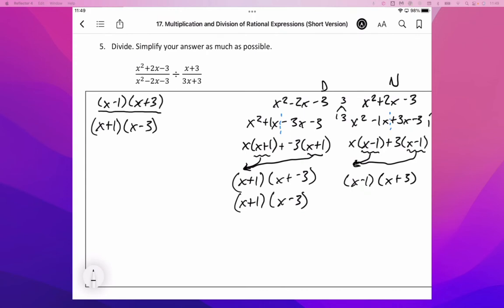And then this is being divided. I just noticed the division symbol there. So just like dividing regular fractions, what we need to do is convert this to a multiplication sentence and put what was in the denominator in the numerator.